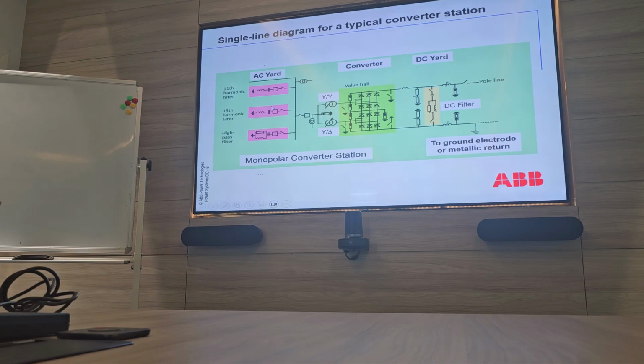Harmonics are multiples of the fundamental frequency, like fundamental frequency 60 Hz. If you have even harmonics and odd harmonics, like the second harmonic 120, 180, multiples of frequency are called harmonics. So we need some filters to suppress the harmonics and to protect the network.